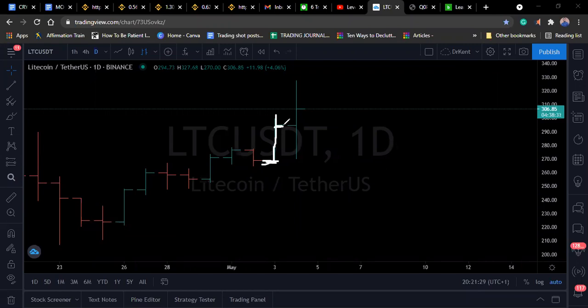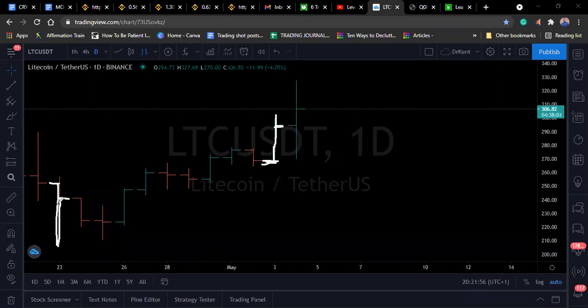That's why it's called a bar chart, this bar pointing out. Now, for this particular day here, it means that price opened here, went all the way down, but then enough buyers came in and pushed it back up that it closed here.